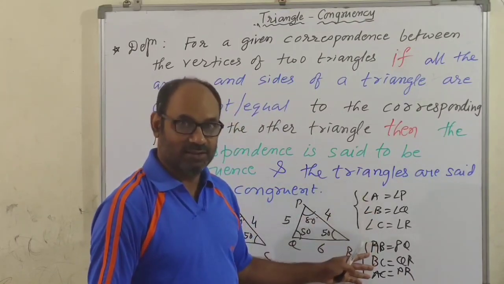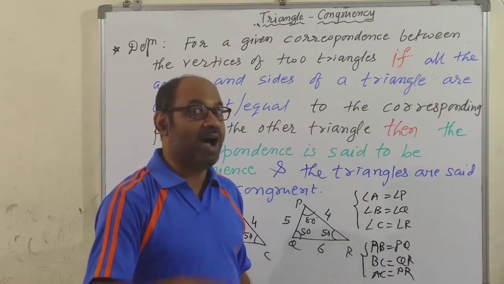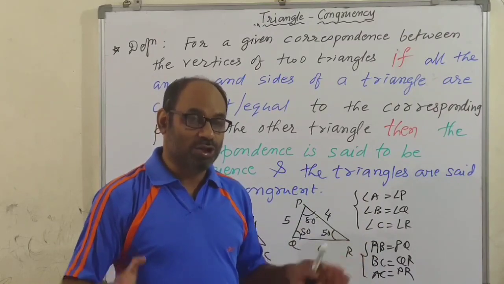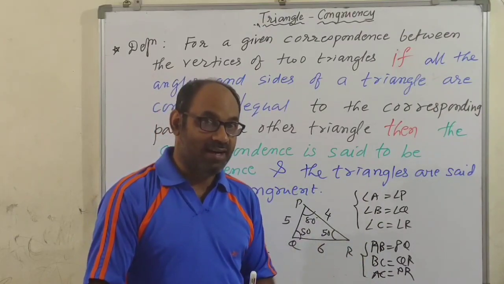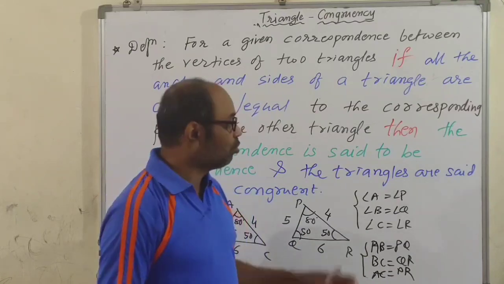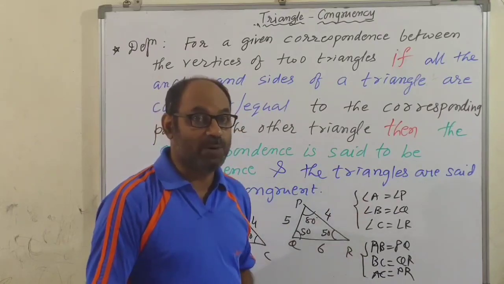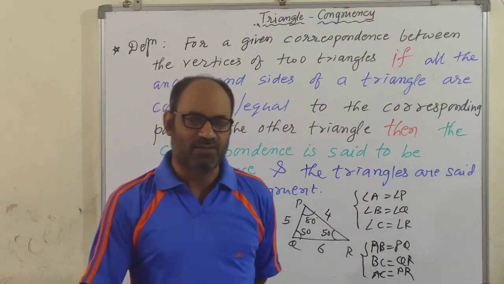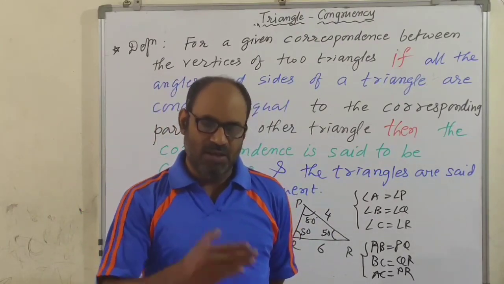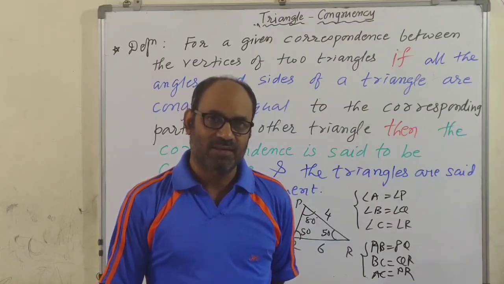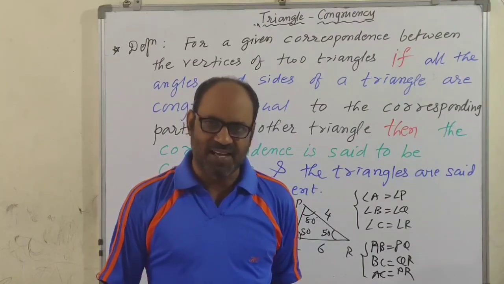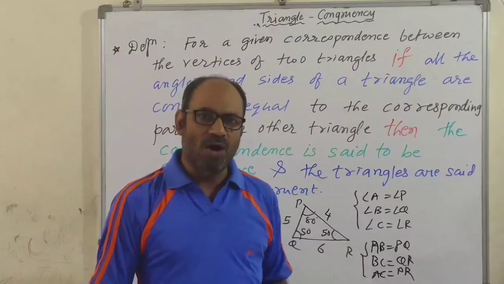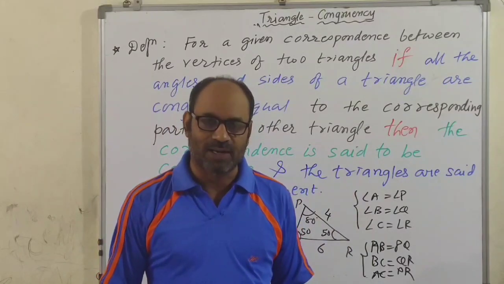3 angles and 3 sides are the 6 parts. So whenever you want to show that the two triangles are congruent, then you will have to show all 6 corresponding parts congruent. And that is very lengthy job. That is very laborious job. It consumes a lot of time. You need to do a lot of exercise to show all 6 corresponding parts are congruent.